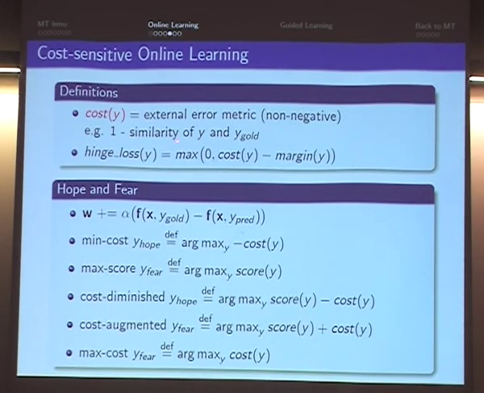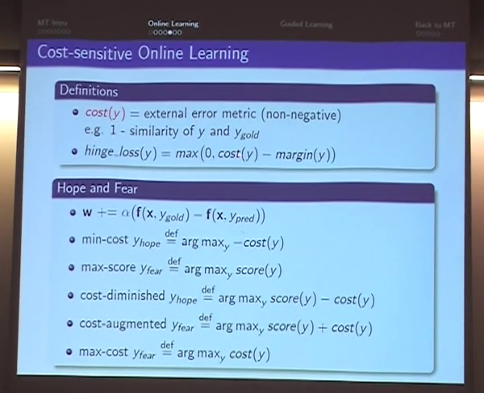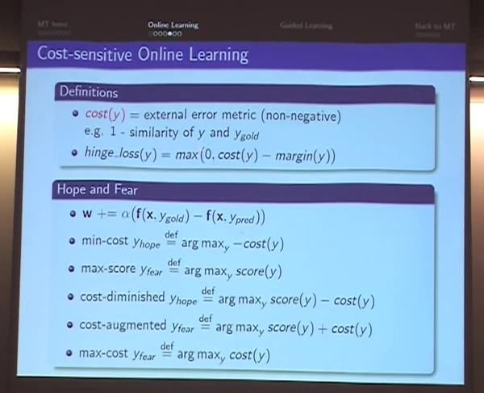And in that case, you have many more possibilities for how to do the update. So first, you can redefine the hinge loss as here. You take the cost minus the margin, and it cannot be negative.